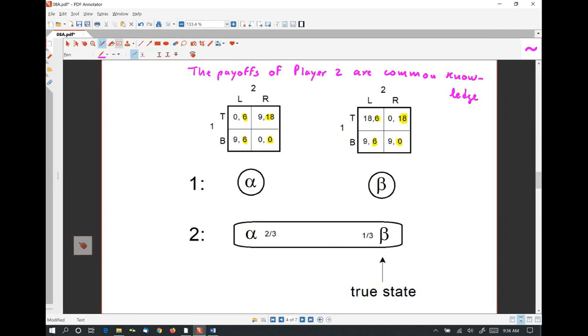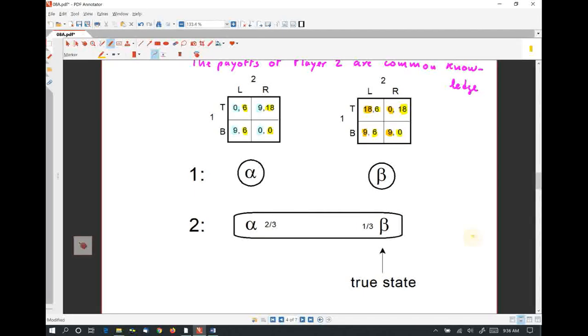Now, if we look at the payoffs of player 1, on the other hand, in one game they are 0, 9, 9, 0. In the other game they are different. They are 18, 0, 9, 9. So let me use different colors so it's more evident that they are different. So the payoffs of player 1 are not common knowledge. And what is the case here?